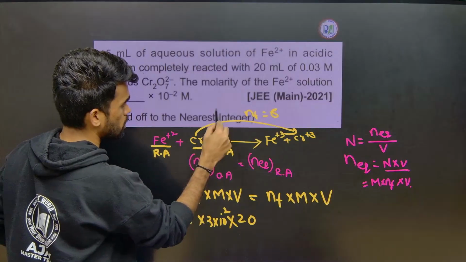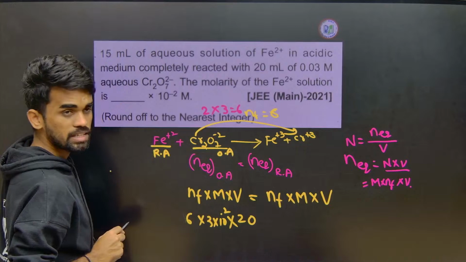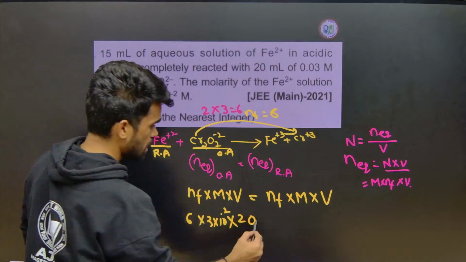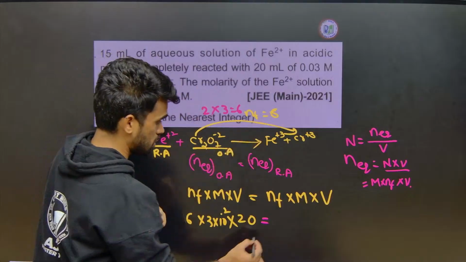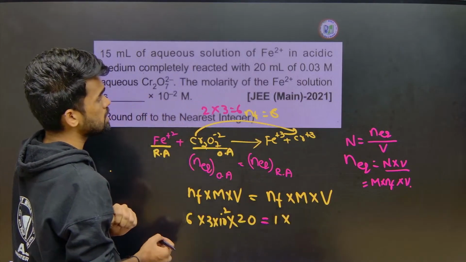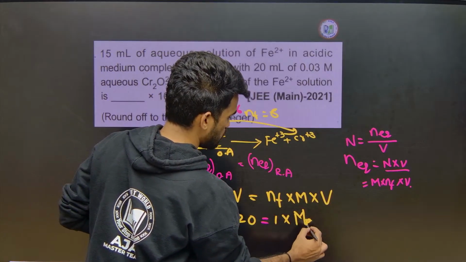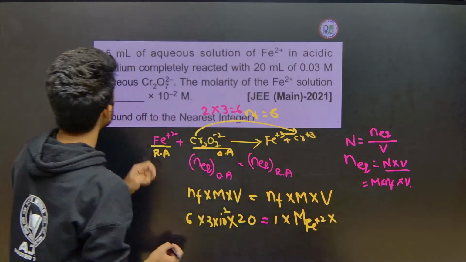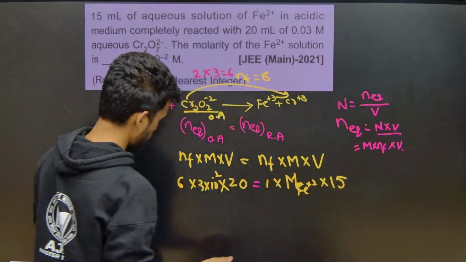Now 2 chromiums are there, 2 into 3 electrons each, so the total becomes 6. I have written 6 here. And this side, n factor, plus 2 to plus 3 means it is 1, into its molarity. We need to find the molarity of iron Fe plus 2, into the volume they mentioned, 15. That's everything we have now.